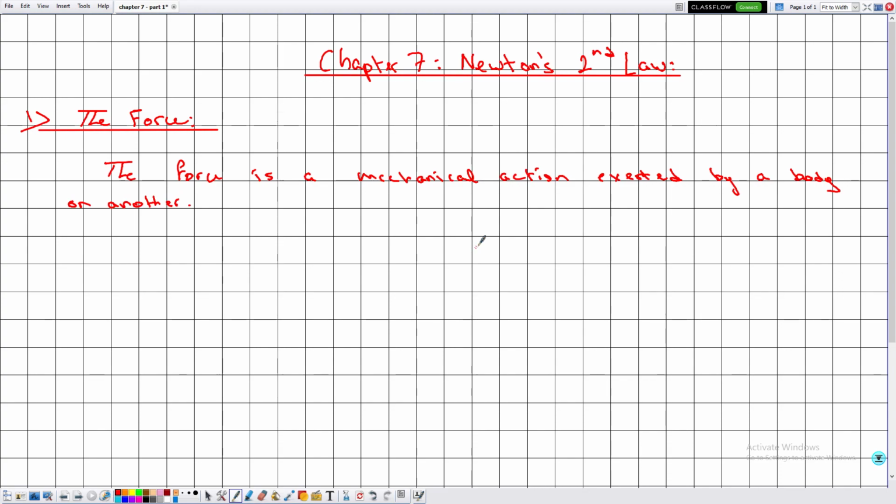So this is the physical definition of the force. As for the mathematical definition, simply the force is represented by vector F.